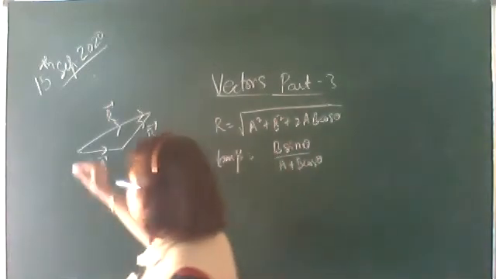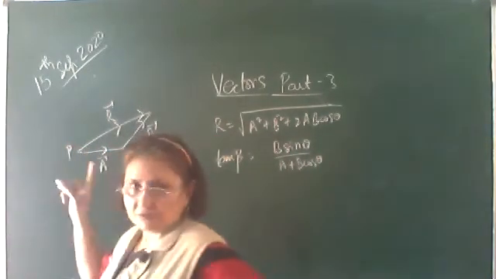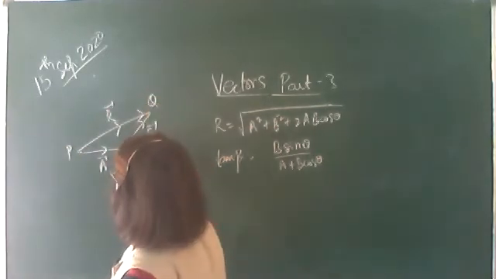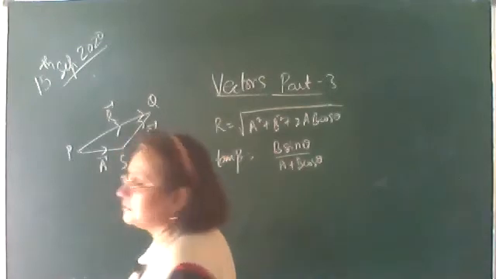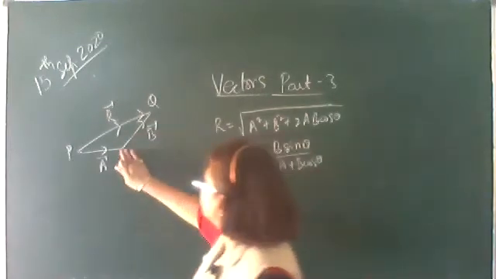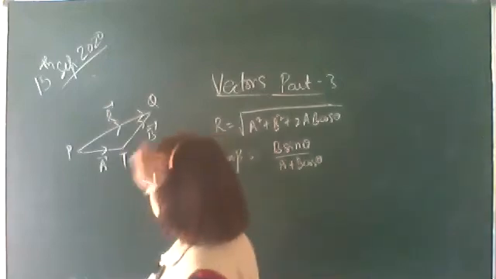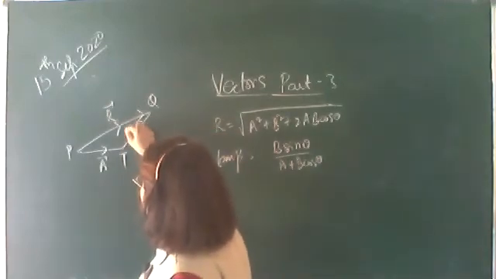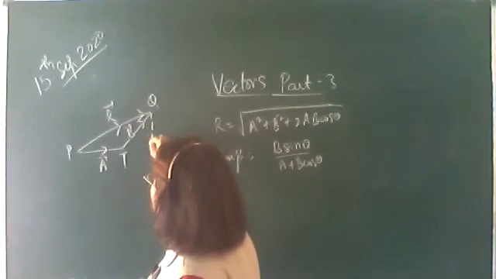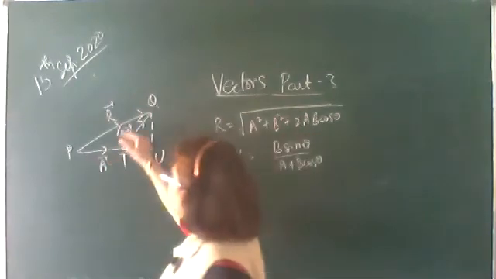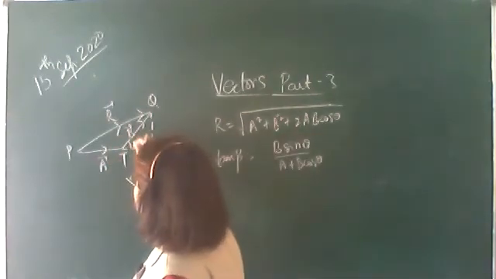Okay, here also you will do it yourself. Let this triangle, we name it as PQS. We took this to be T only. Let us take it to be T. From the point Q, we draw one perpendicular meeting at a point U. The angle between A and B vectors is theta.